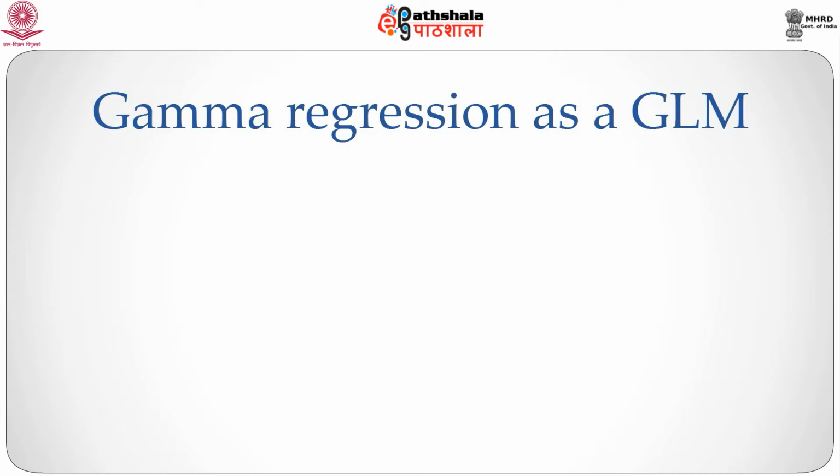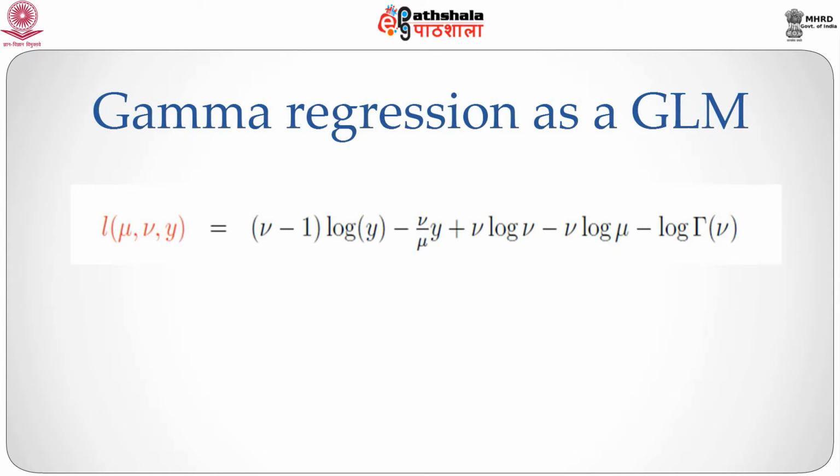So, note that the likelihood using the mean reparametrized form is given by l of mu, nu, y equal to nu minus 1 log y minus nu by mu y plus nu log nu minus nu log mu minus log of gamma nu.